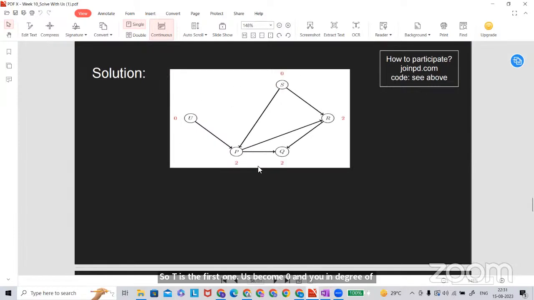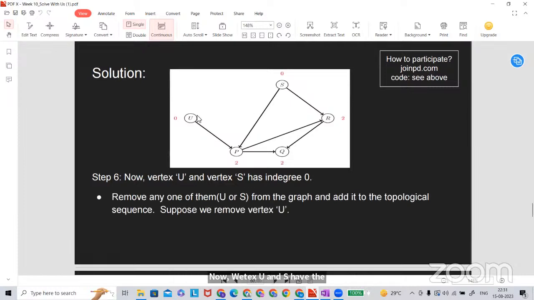Now again you can think this is a DAG, and again the vertex which has 0 in degree, you have to remove that. So either we can do it for U or we can do it for S. Okay. Now vertices U and S have in degree 0. Remove any one of U and S. Both have in degree 0. We have to remove that. So we remove U here.